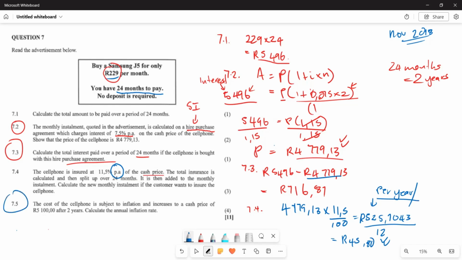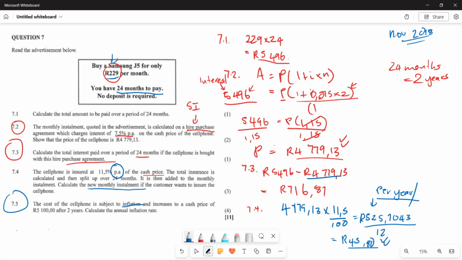Now let's look at 7.5. Now in 7.5, they're saying the cost of the cell phone is subjected to inflation. But look, they are asking what is the new installment? Sorry, we are not done here, because the new installment must be this amount of money plus the 229, right?